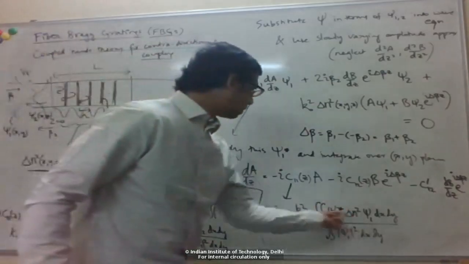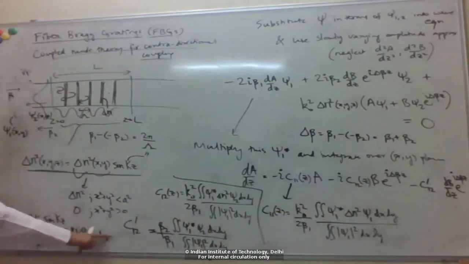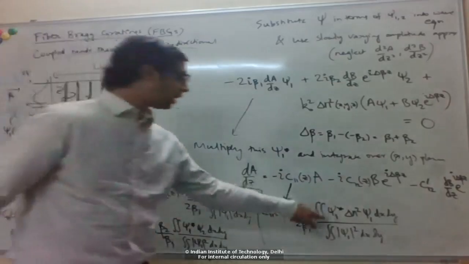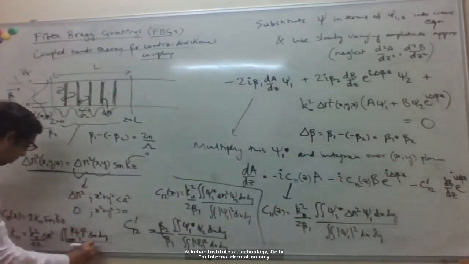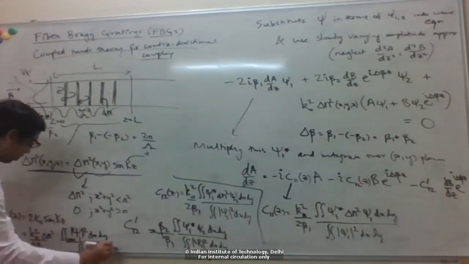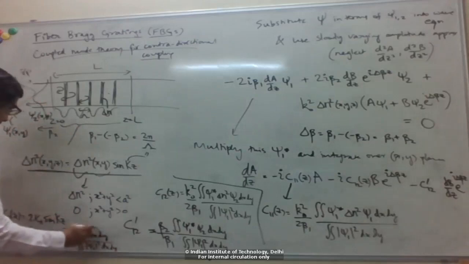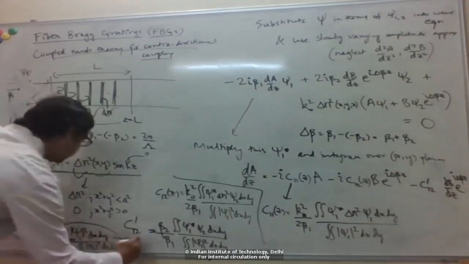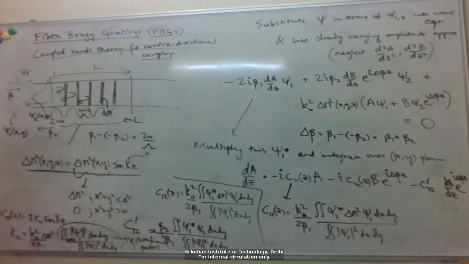This delta n square is a constant, it just comes out, and I get the integral of mod psi 1 square over the core region, because delta n square is only finite in the core region, 0 outside. In the denominator I have the mod psi square integral over the whole space, including the clad. So you can see this is just the confinement factor, basically the percentage of the power confined to the core.